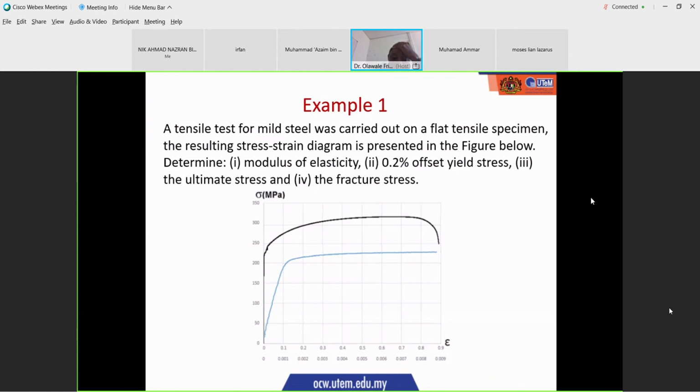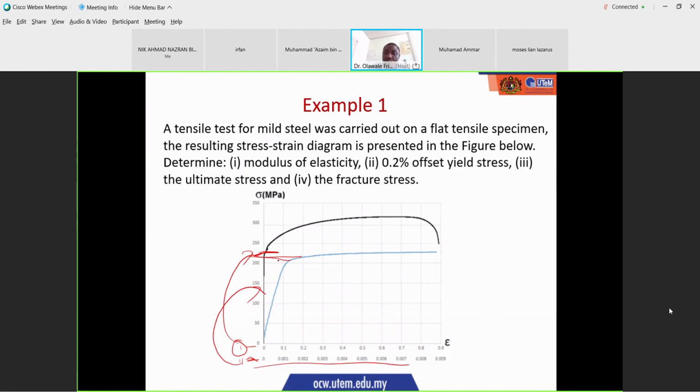Now, what happened here is this is a zoom of this. Like Azaim said, for the black line, there is no linear graph, there is no elastic point and all this. So what we decided to do is you go from here to here, then we zoom in. So if you look at this here, you have two scales, one on top, one at the bottom. The top is black, the bottom is blue. So you zoom in, then you get this.